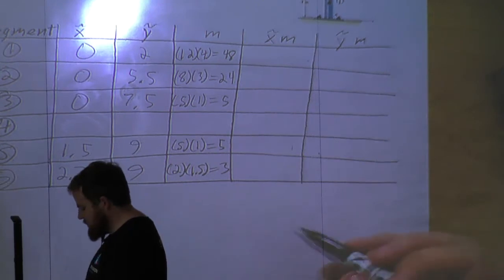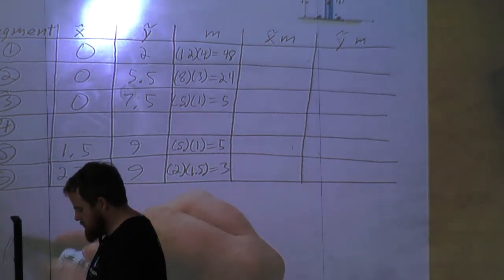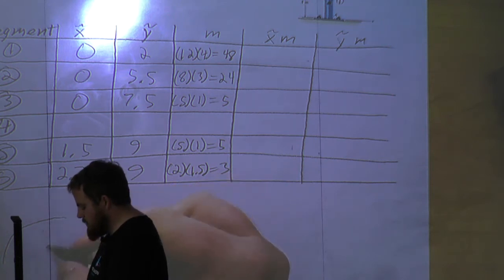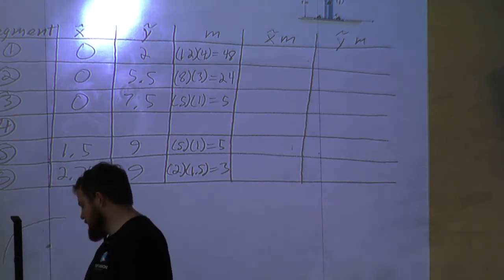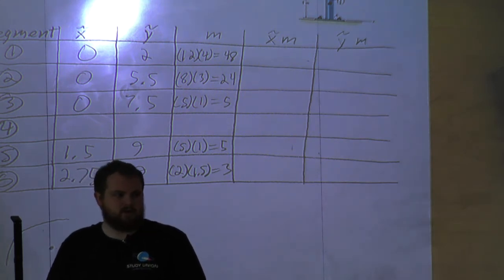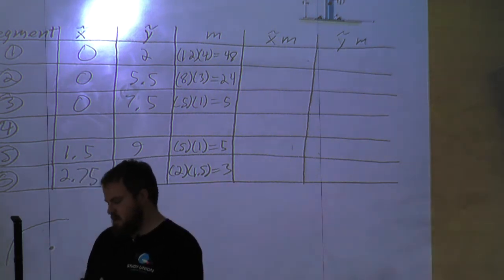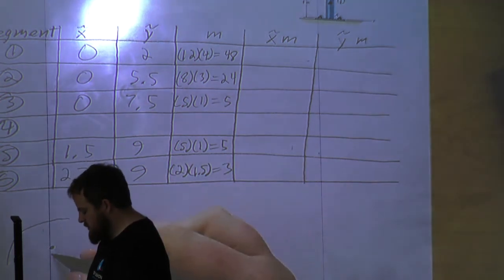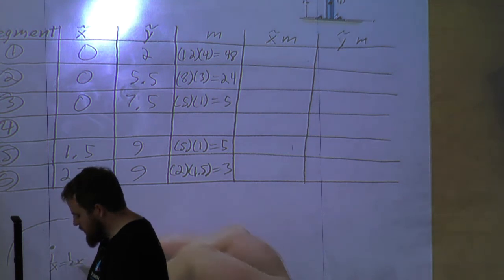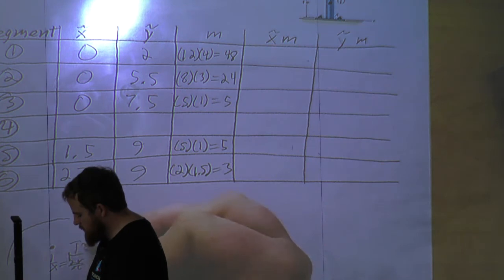So for 4, they basically gave us this arc. Now, from the back of your book, they have a quarter circle arc, but it's facing the other way. And they give us that this x is 2r over pi, and this y is 2r over pi.